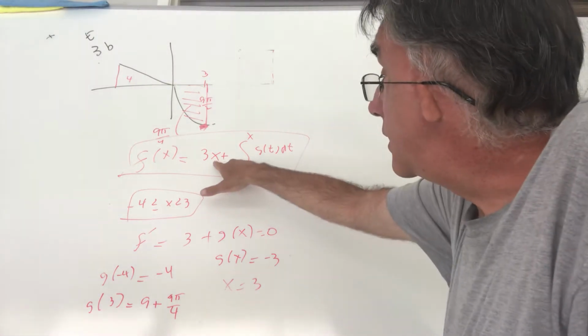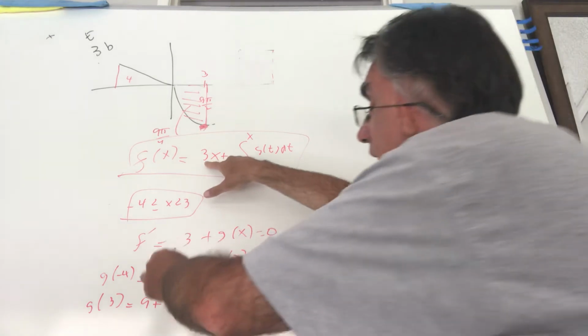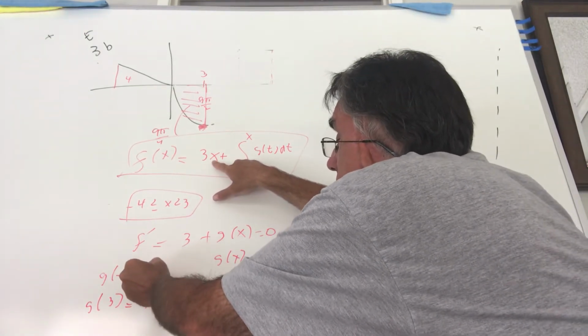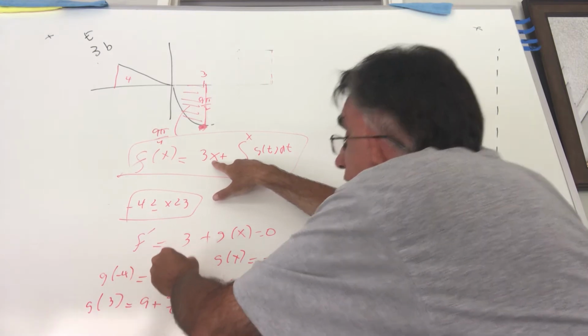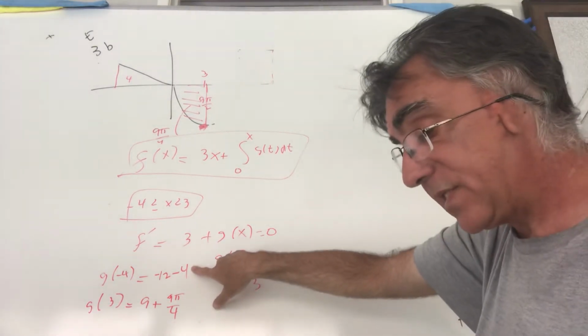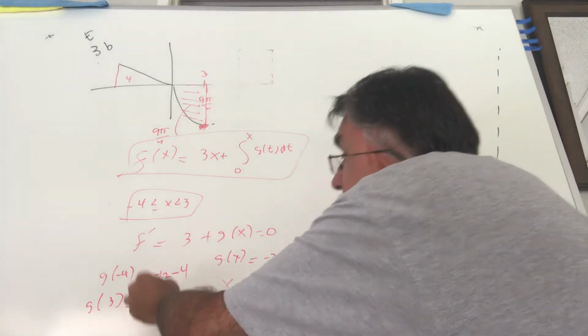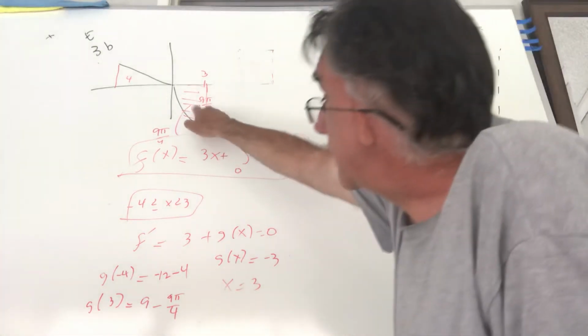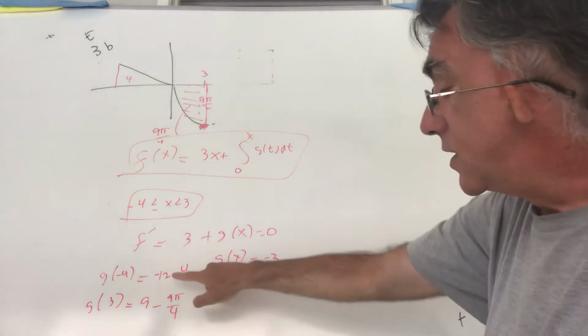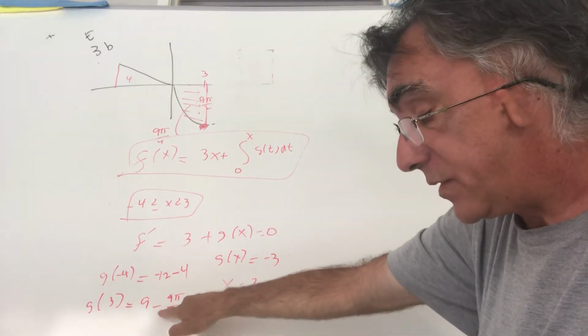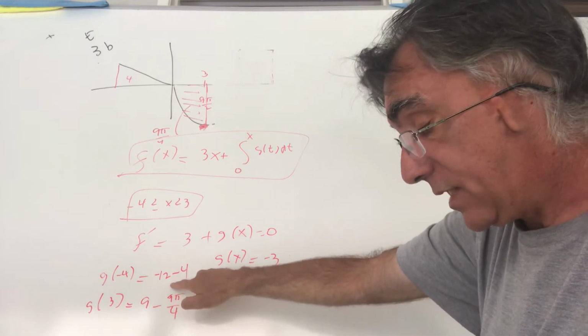Oh, crap. Negative 4, I forgot to add the 12. So negative 12 minus 4, that's going to be negative 16. And that's a minus, sorry about that, because it's negative, we're subtracting the 9 pi over 4. So negative 16 and then that number. These are the two numbers that we get. This one's bigger than that one.